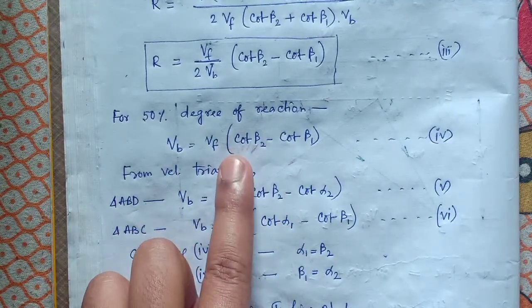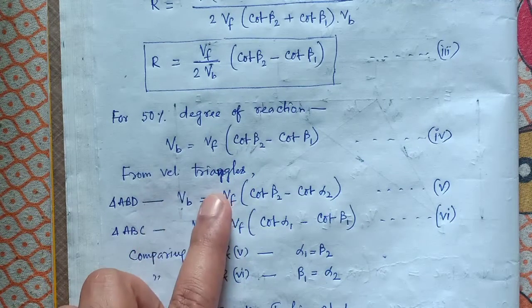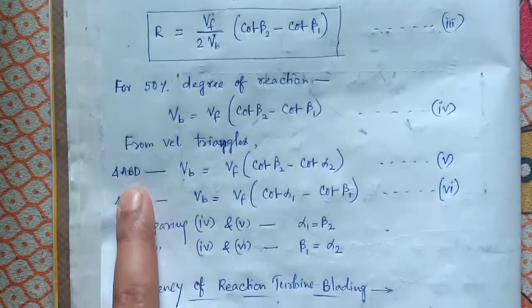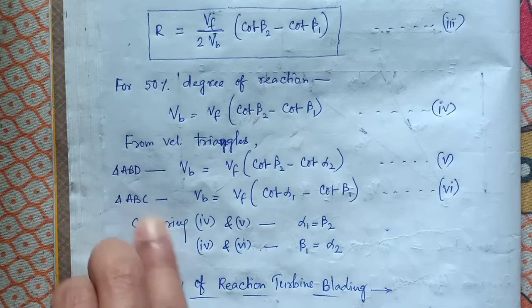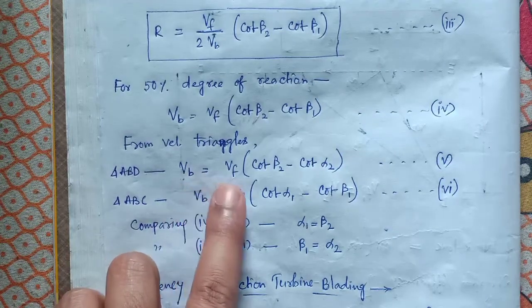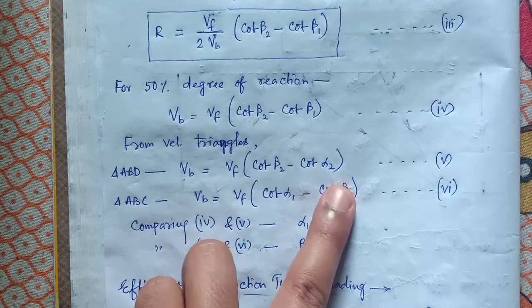Now from velocity triangles, that is the ABD triangle and ABC triangle, the blade velocity can be expressed as VB equals VF into cot beta 2 minus cot alpha 2.